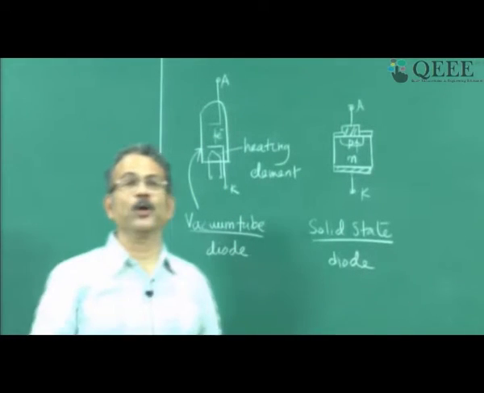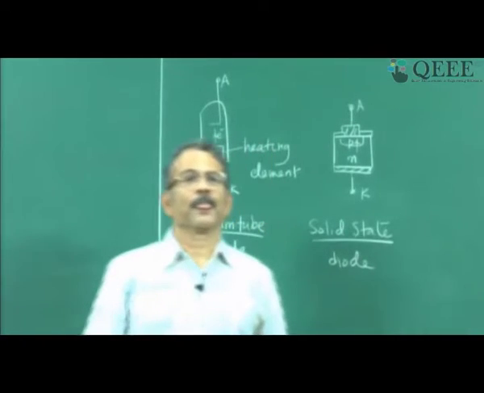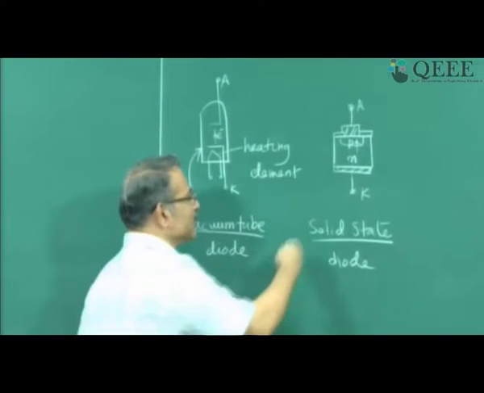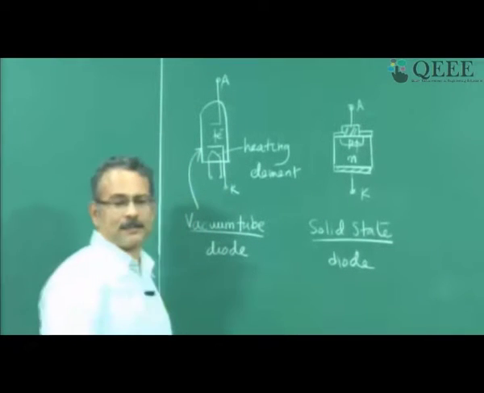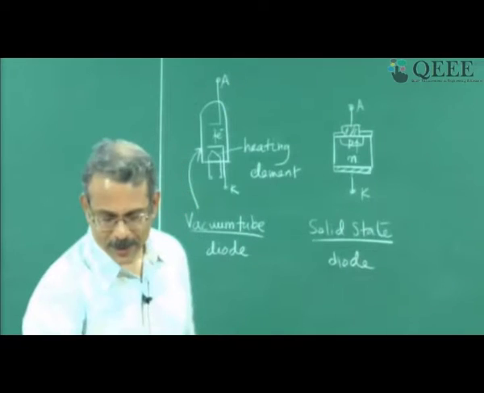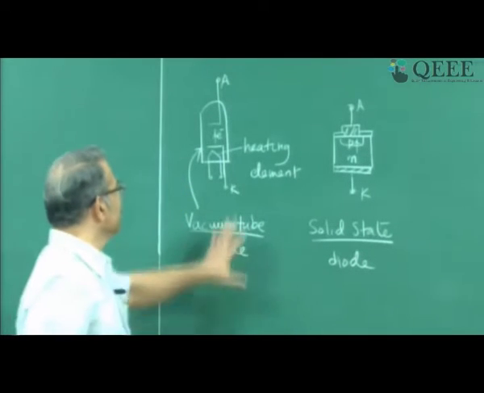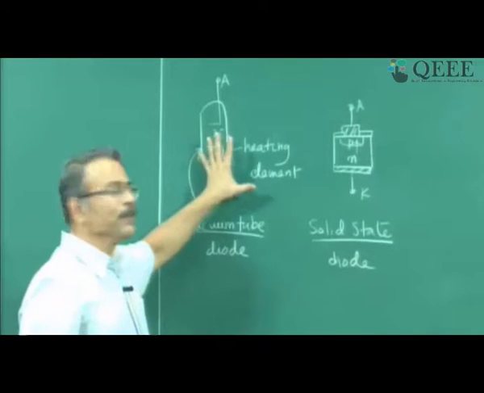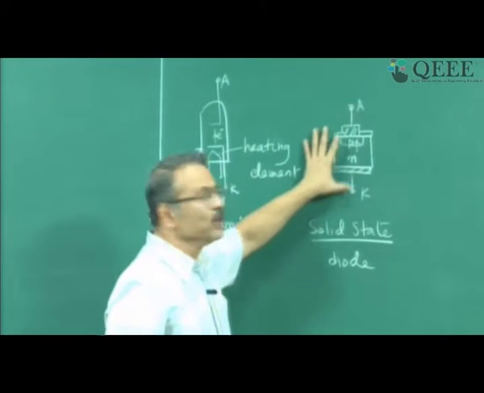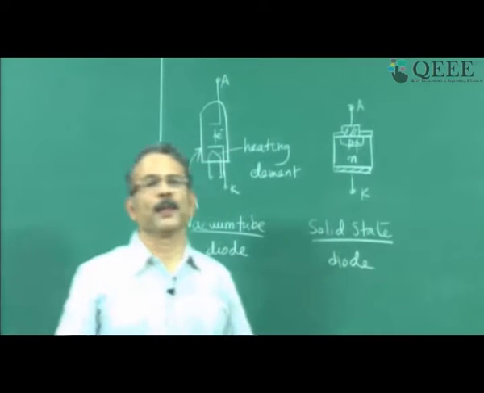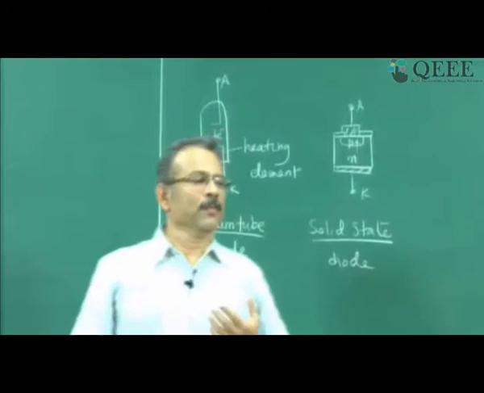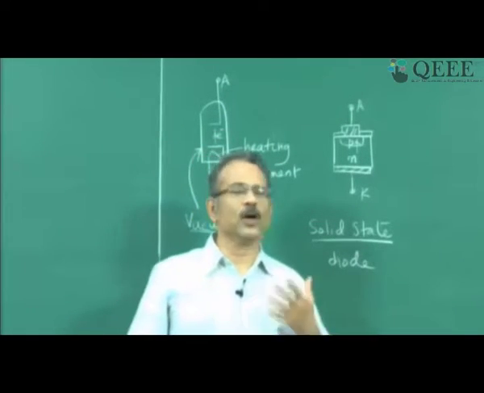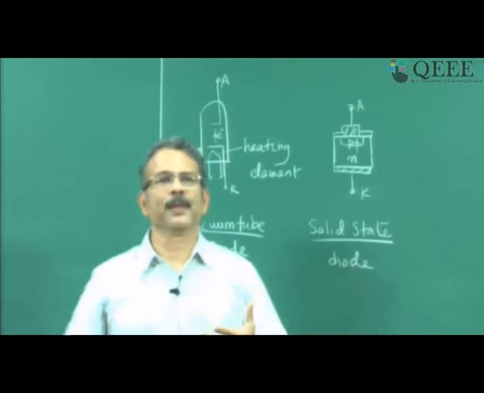Like that you can have a vacuum tube triode, right? And the corresponding solid state triode is called a transistor. So if you replace systems which are made from devices based on vacuum tube with systems which are using solid state devices like this, then the performance, reliability and cost effectiveness will be very high.